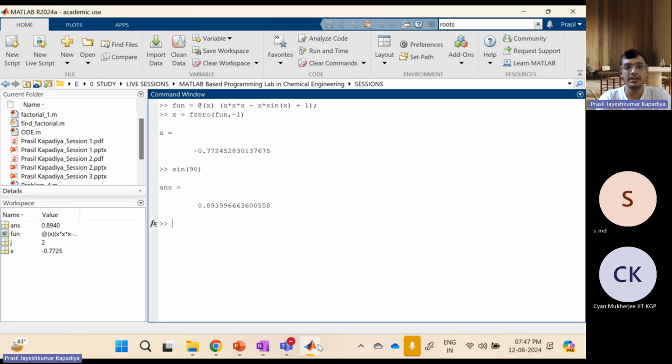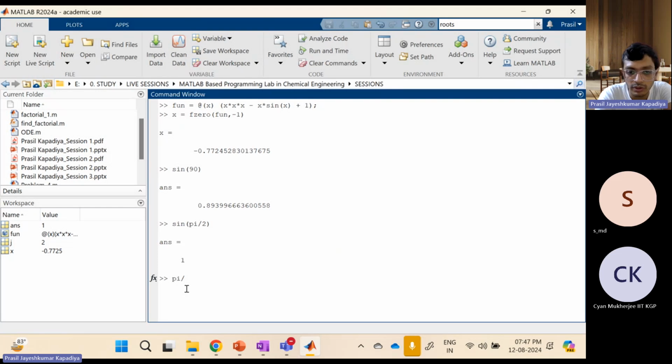Here we can see sine 90 is 0.89, but let's say I'm writing sine pi, so it is coming as 1. So this value is in radians. This 90 is in radians.